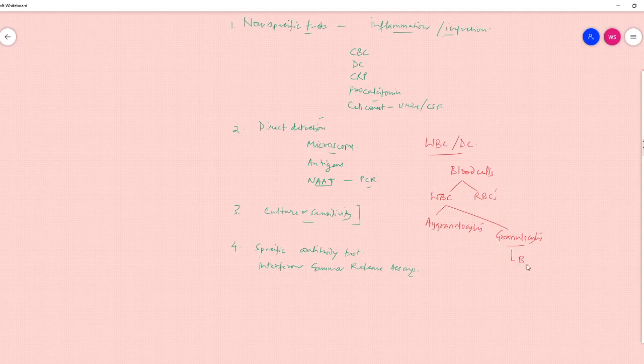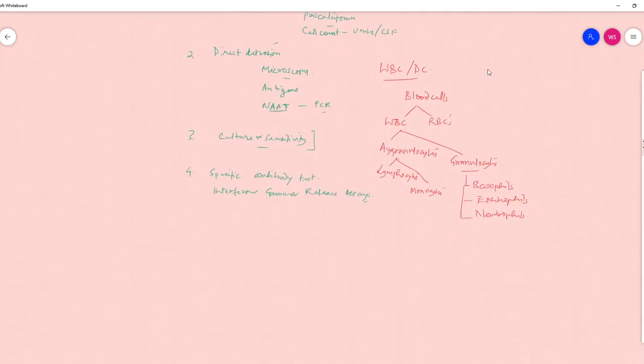We have three: basophils, eosinophils, and neutrophils. Okay, which are most abundant? It is the neutrophils. Okay, and what are the agranulocytes? We have lymphocytes and monocytes.